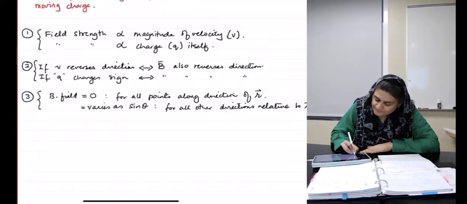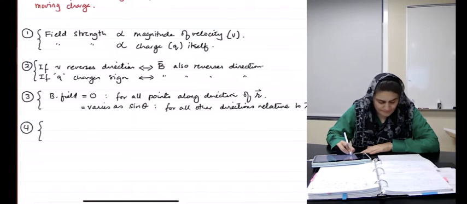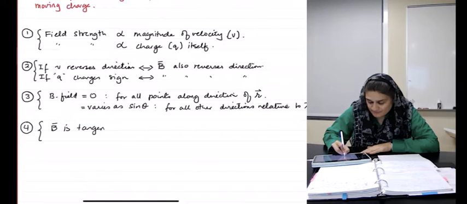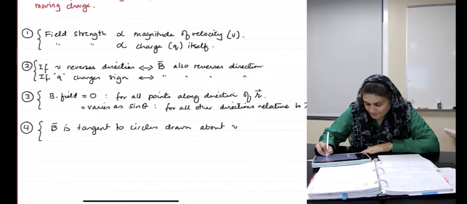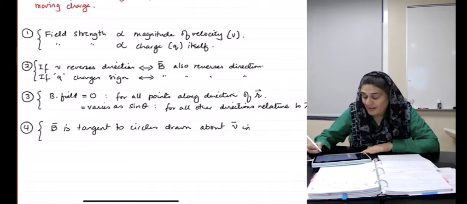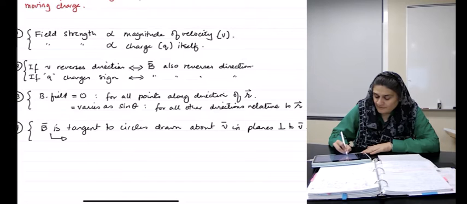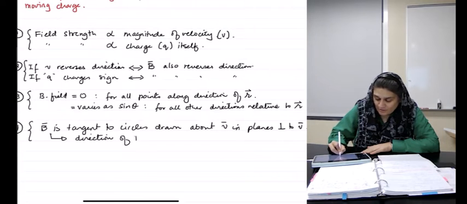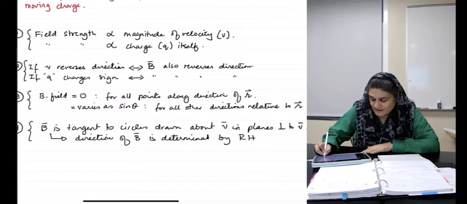Number four. B is tangent to circles drawn about V in planes perpendicular to V. And the direction of B is determined by right-hand rule.